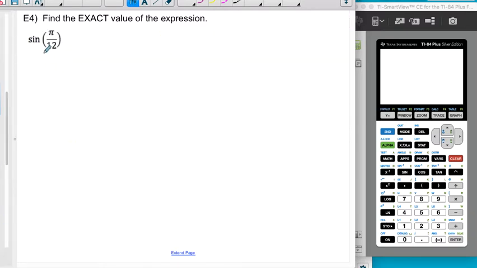Okay, so the ones with the radians are a little bit harder, because I get that it's not super fun. But the trick here is that since it's pi over 12, you want to pick some pi over 12s that subtract to 1.